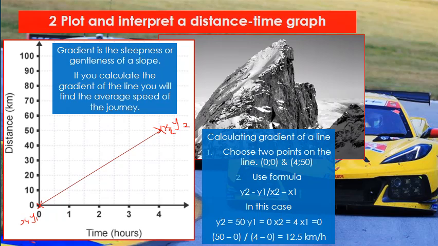For example, 0, 0 is exact. This point, I'm not sure if it's a 7 or an 8, because there is no graduation here. So I like to use points like this. Just choose any 2 points that are exact on the graph. So this point, and then I also choose this one, which is exact because it's 4 and 50, right? So I've chosen another point, this one.